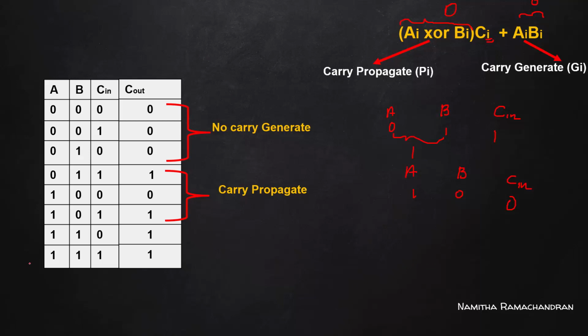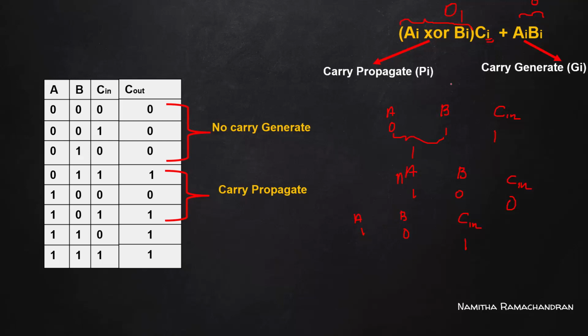And consider the third case, that is A equal to 1, B equal to 0, Cin equal to 1. A equal to 1, B equal to 0. Only one term equal to 1. So the XOR term is 1. And Cin is 1. So 1 and 1 is 1. This particular term becomes 1. And A is 1, B is 0.